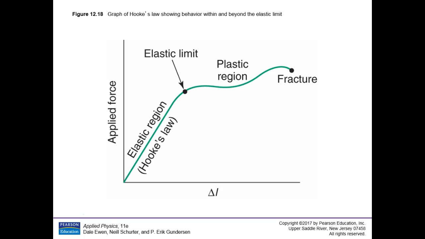But they always do it this way, which is fine. Okay. Now, what this is saying is, if you apply a little bit of force here, you're going to distort it a little bit. Apply a greater force, you're going to distort it even more. A greater force, even more.